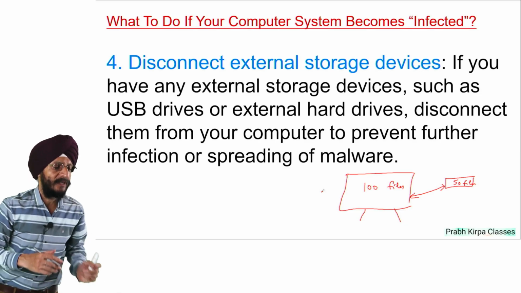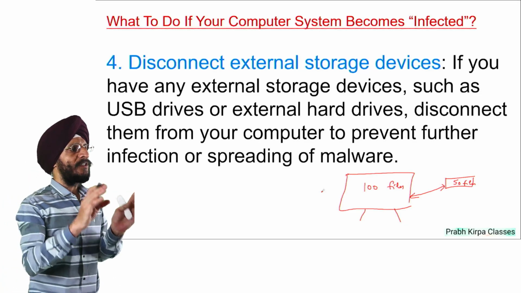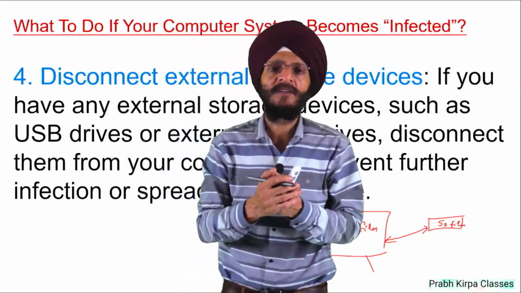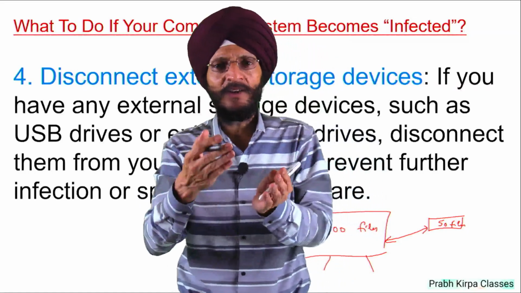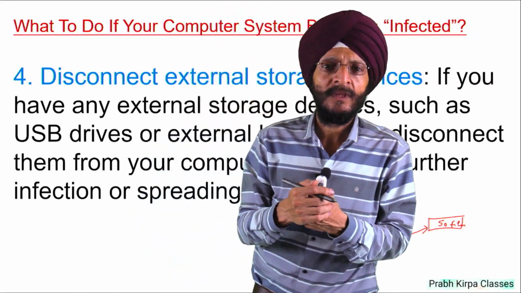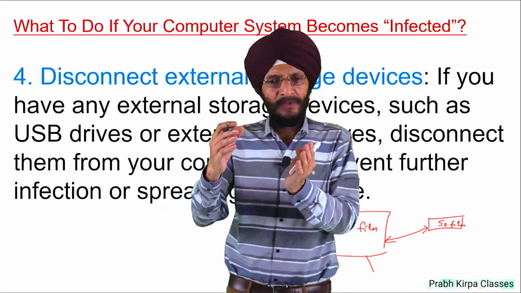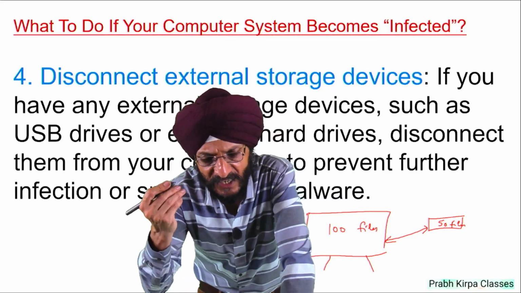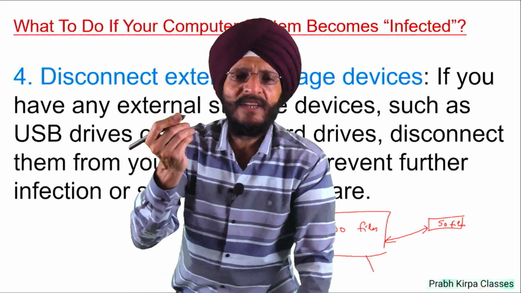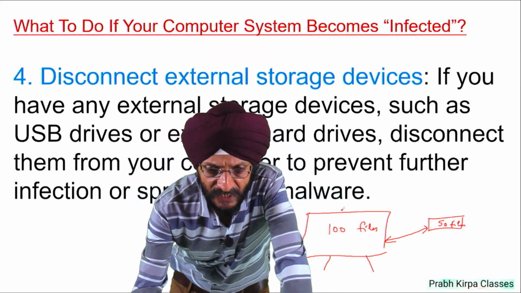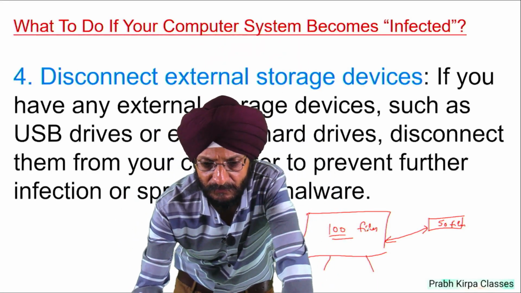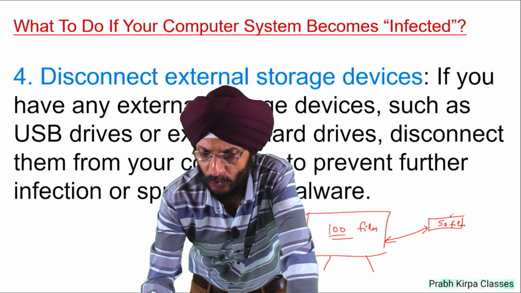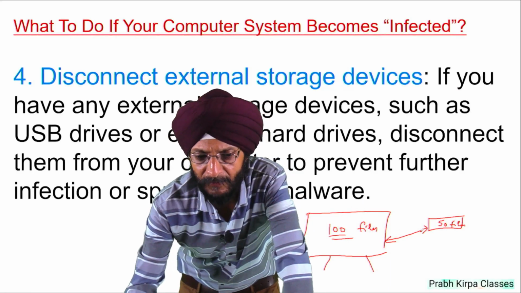Suppose we feel that our computer system has become infected with a virus because it is giving slow performance, or files are getting deleted, or some files go missing, or high CPU usage is shown. Such symptoms give us the feeling that our computer system is somewhat infected. Suppose we have 100 files on our system and some 50 files on our external storage device, and both are connected by way of a cable.